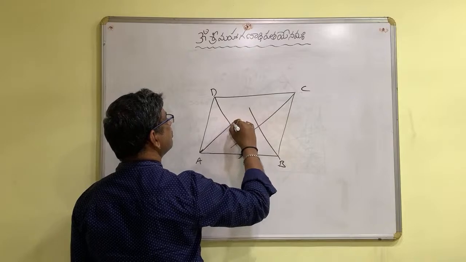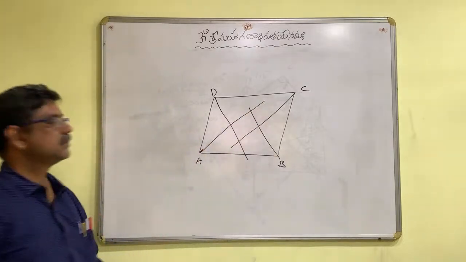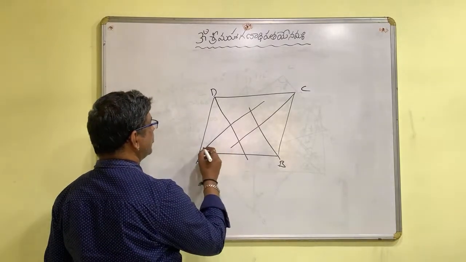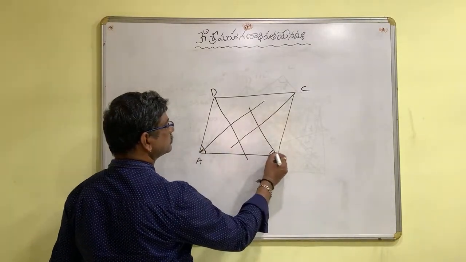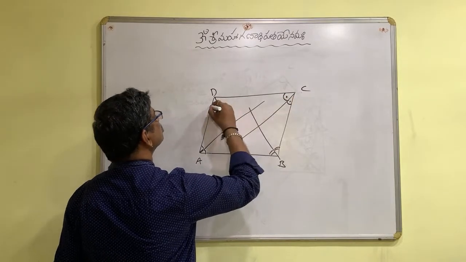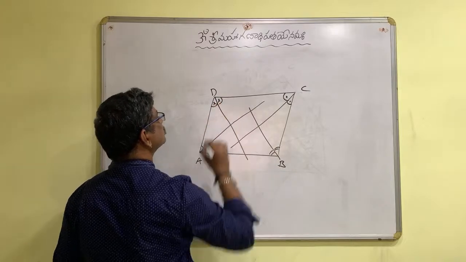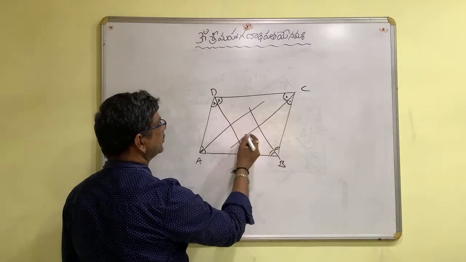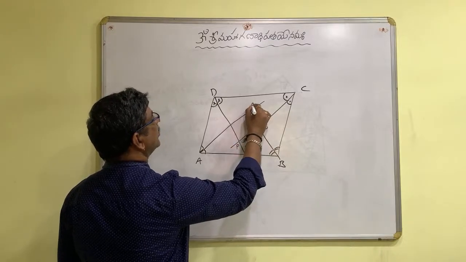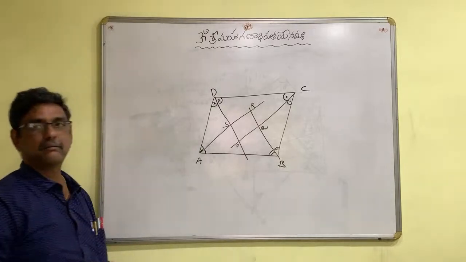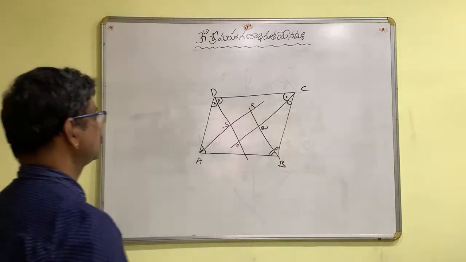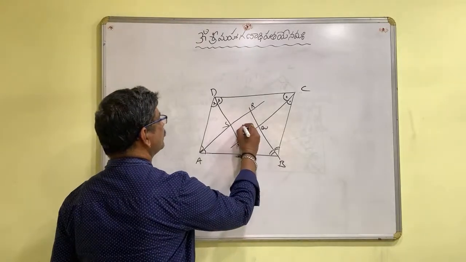All these are bisectors. And they are intersecting and they are forming another quadrilateral PQRS. What can you say about this one?